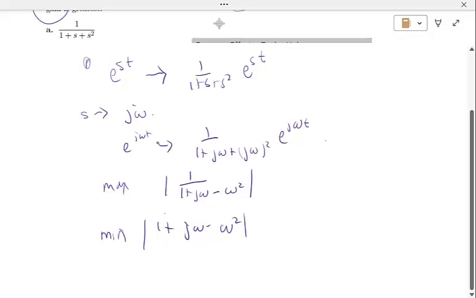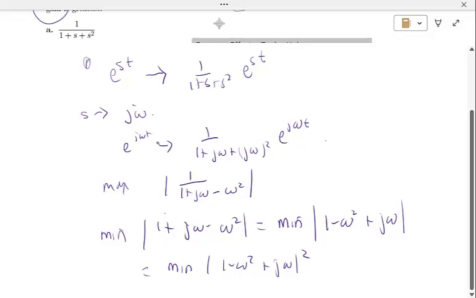Okay. All right, now you remember what the modulus of a complex number is, right? The real part of this, I'm going to write this as the minimum of 1 minus omega squared. That's the real part, and then plus j omega. Okay. So I'm trying to minimize this complex number. So in fact, you can also just minimize the modulus squared, 1 minus omega squared plus j omega squared.